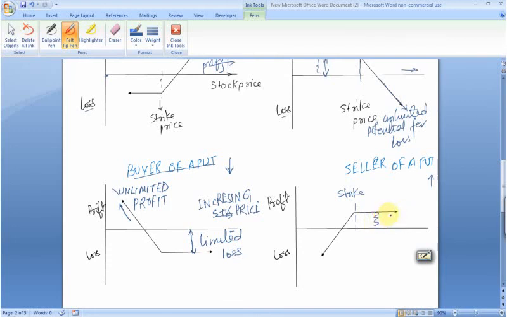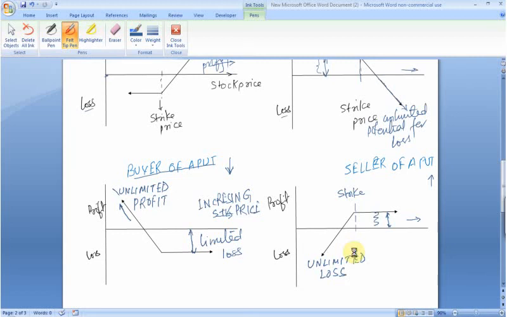If the stock price is higher than the strike price, he has a profit here, which is limited to the amount he got for selling this option. But if the price of the stock goes down, he can suffer unlimited loss.